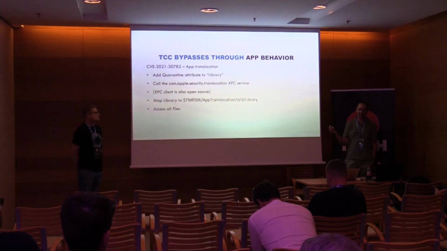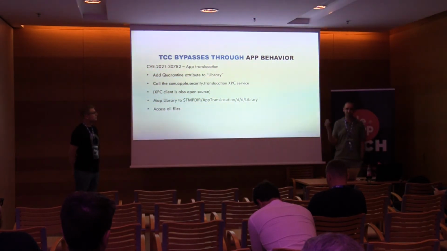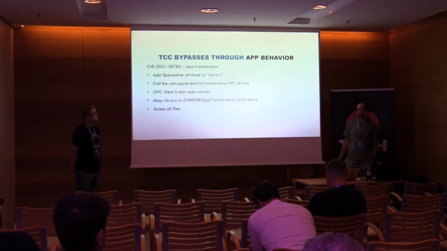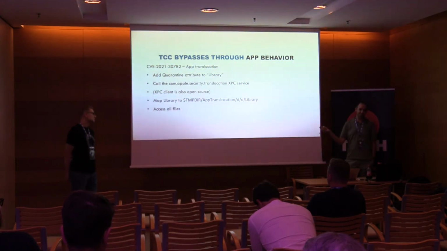So what we can do, we add the quarantine attribute to a folder which we want to translocate. In this case, the Library directory contains all the address book, basically everything except the documents and desktop and then some other files. But like 90% of your other files. And you call the translocation service that, hey, I want to translocate Library. And it will do that, and it will translocate it for you.